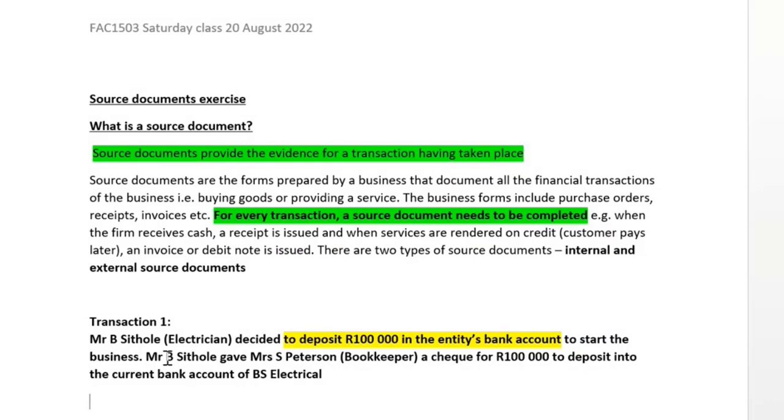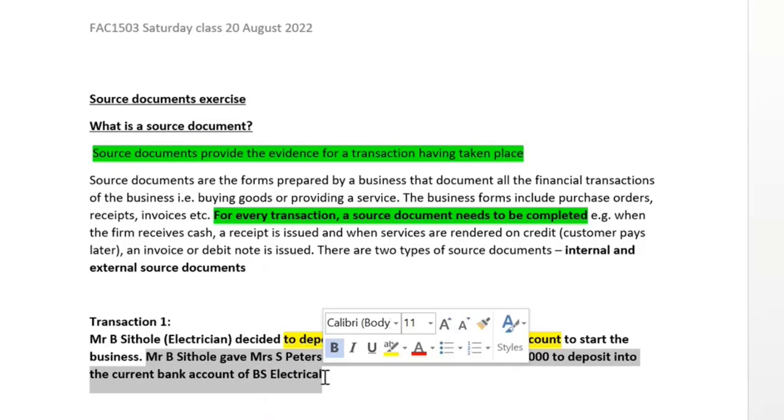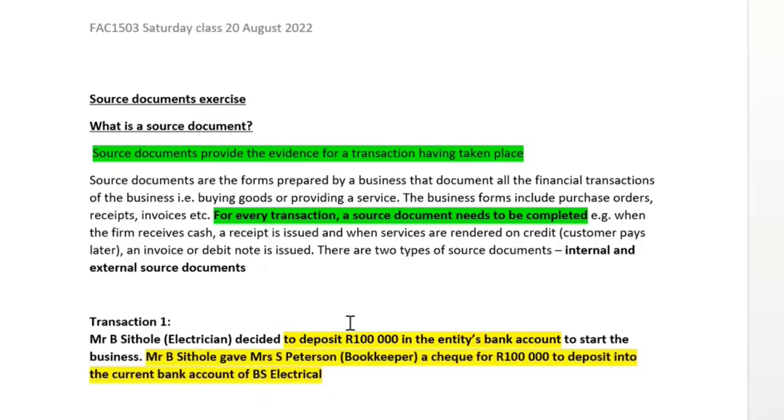Guys, are we happy with this? I can see most people are saying duplicate deposit slip and a check. And you see, this is also important.